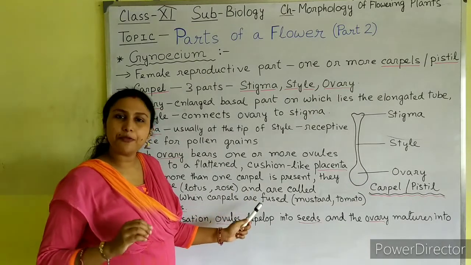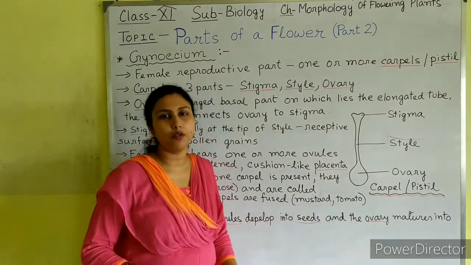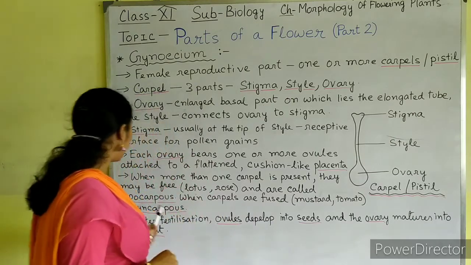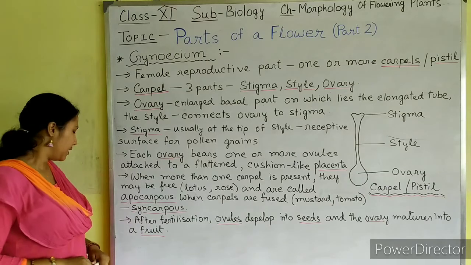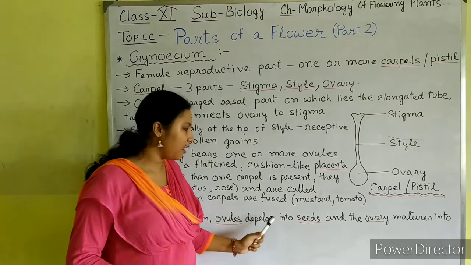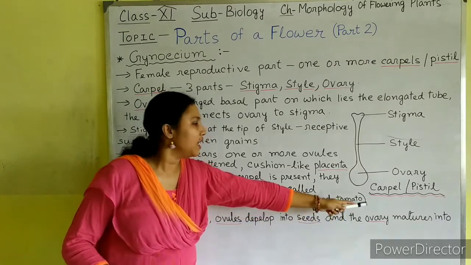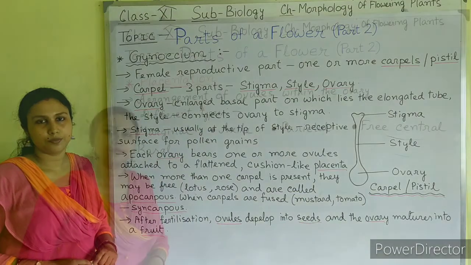When carpels are fused, as in mustard and tomato, they are known as syncarpous. After fertilization, ovules develop into seeds and the ovary matures into a fruit.